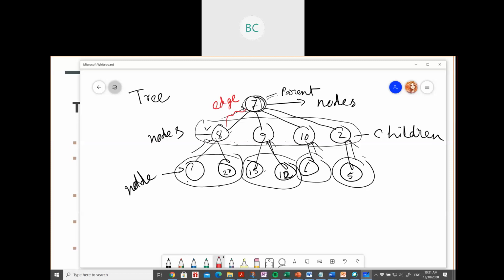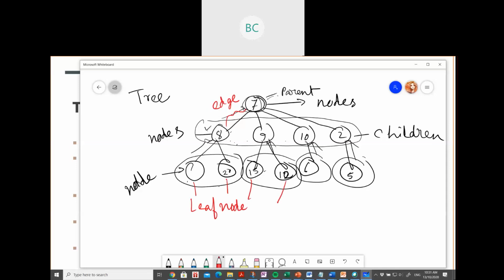And these last nodes are called leaf nodes. Why? Because these last level nodes do not have any children. That means leaf nodes are those nodes that do not have any children.